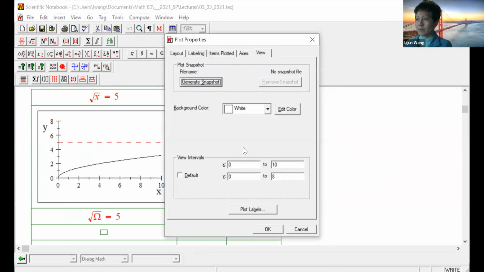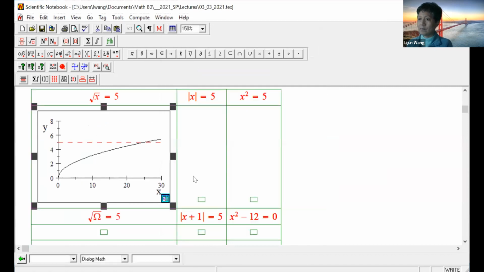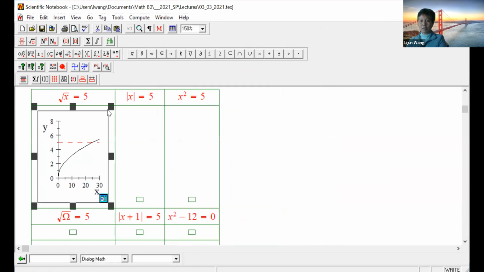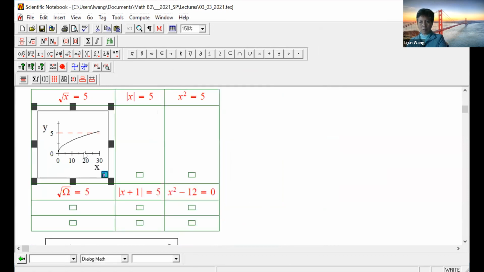That's the meaning. Remember we talked about these before, right? If the output is 5, what is the input? What are all the possible inputs?